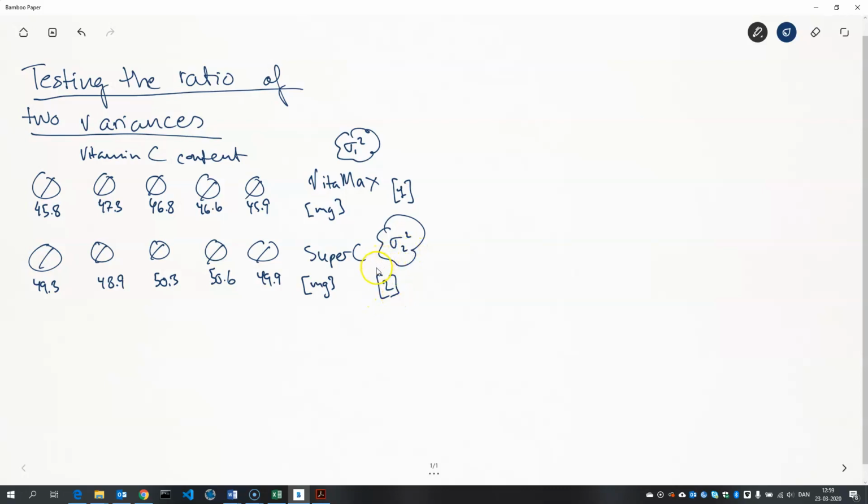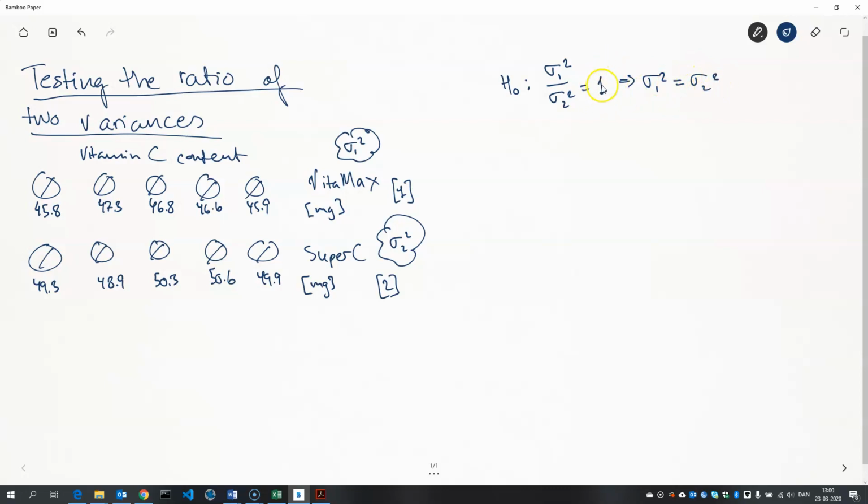So our null hypothesis is that, well, actually we're testing the ratio of the two variances. So the null hypothesis is that variance 1 divided by variance 2 is equal to 1, which is to say that they are equal.